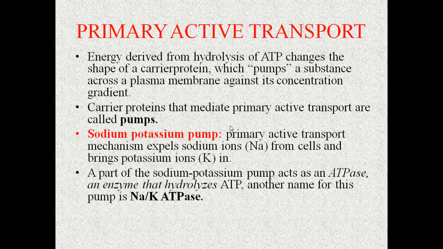A carrier protein present in the plasma membrane, an intrinsic protein, acts as a pump. You can imagine a water pump. Nowadays you don't pump any water, but before, there was a hand pump with which you had to pump water from the ground, and it requires energy.